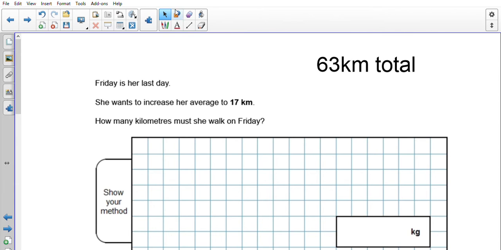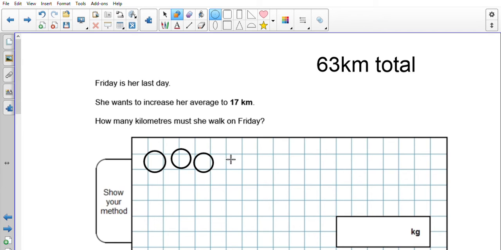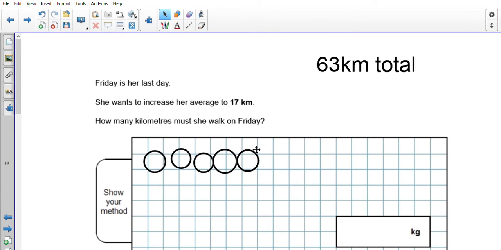Now, if we think about this almost like the apples, she wants her average to be 17, and she's going to have walked for 5 days.